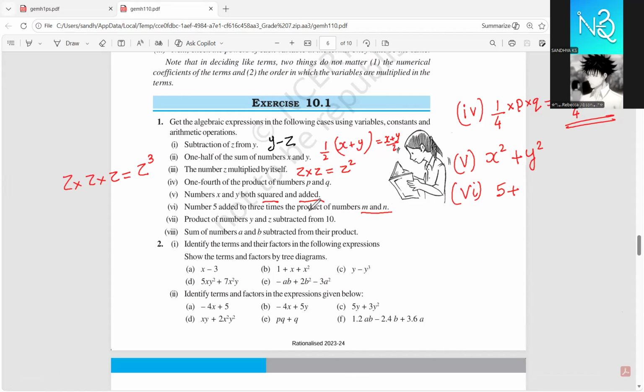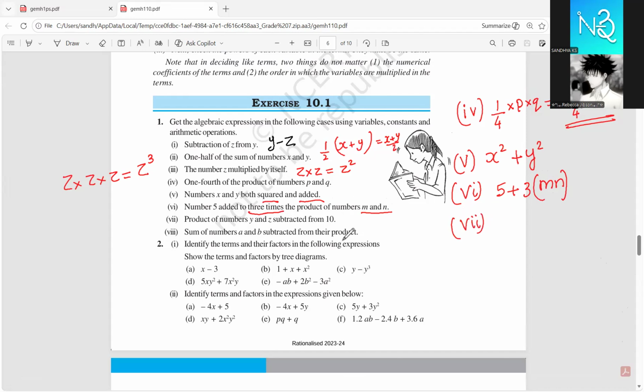Is it like that? No. Here 3 times means 3 multiplied by. Product of numbers m and n means mn, m into n. 3 times means 3. So 3mn. So 5 plus 3mn. Clear? Okay. Yes.